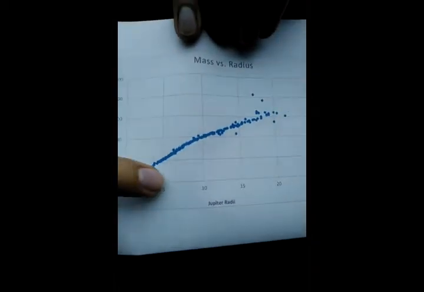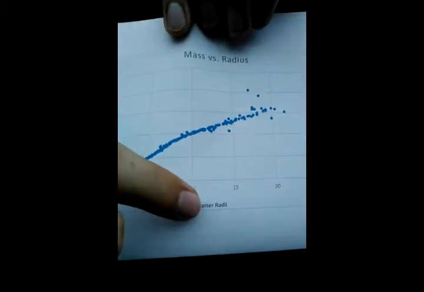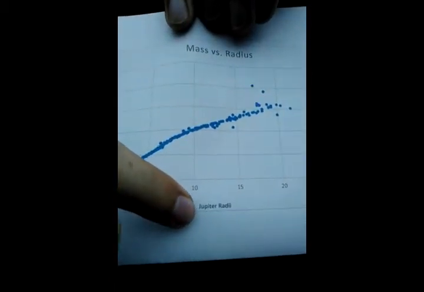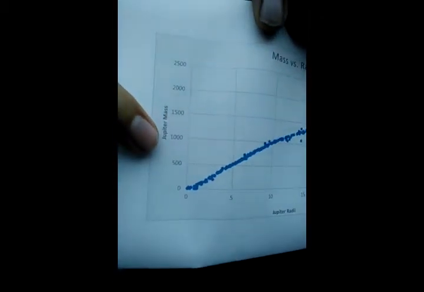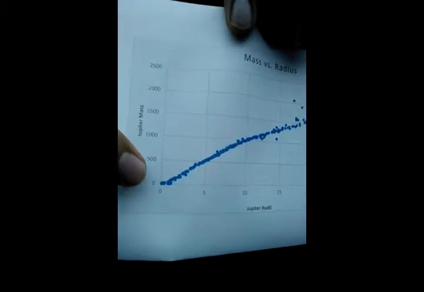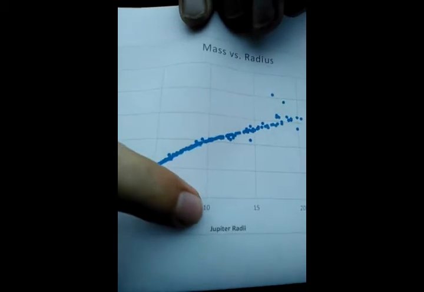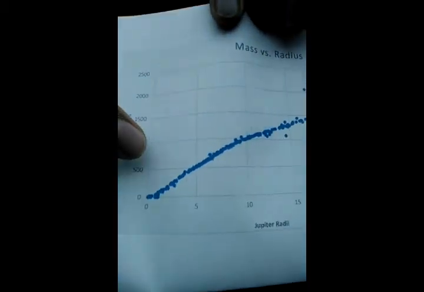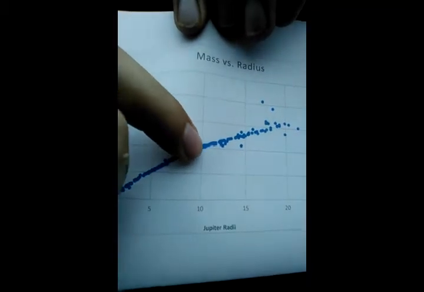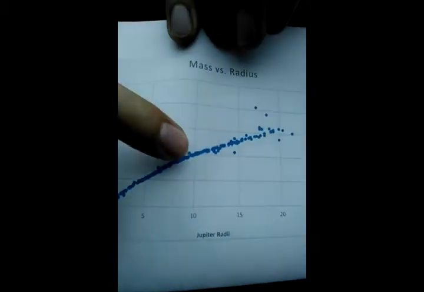Now I just put this on a Word diagram here, but basically what you have on the bottom is the Jupiter radii in reference to the stars, and you have the Jupiter mass. So where the sun is on this, it's at 10 Jupiter radii about, and 1,000 Jupiter masses. So the sun sits right about there at 10 and 1,000.